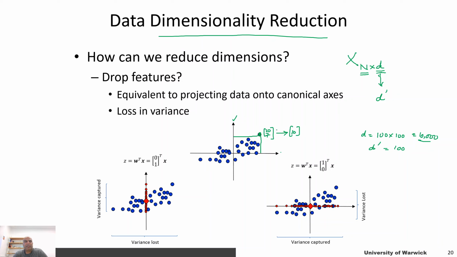So we can keep only one of the two features. This is the naive way of doing dimensionality reduction. It's called feature dropping. You simply reduce the dimensionality by dropping anything else that you don't want in there.